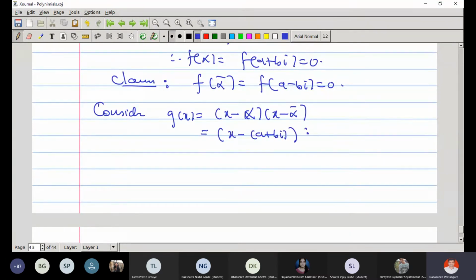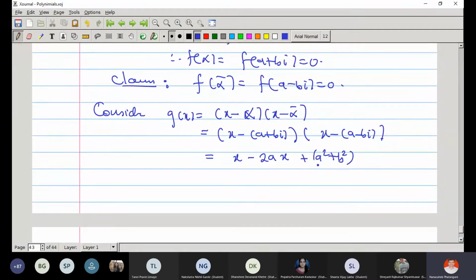Multiply these two polynomials, what do you get? x squared minus 2a times x plus a squared plus b squared. You check the calculations.